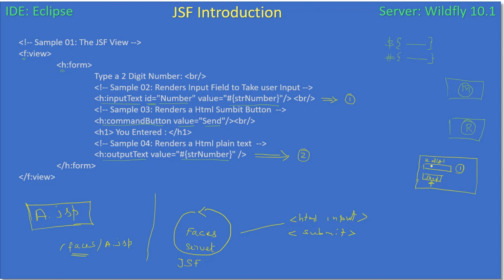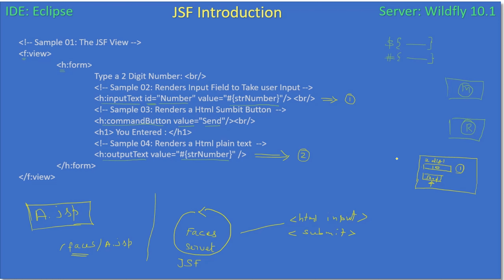Let's say before pressing the send button, the user typed 10 here, then pressed send, and when they are sending it, the entire form will be submitted to a.jsp. We will see that soon in the demo. Why? Because the h:form will get expanded to the HTML form, and the action takes place on the same file, and we will see that when we go to the demo.